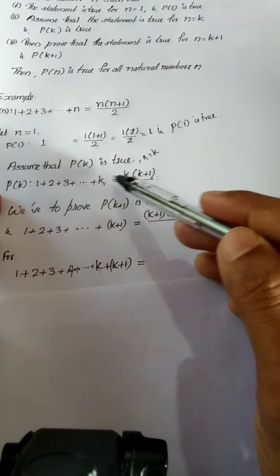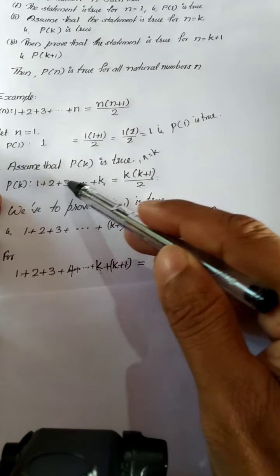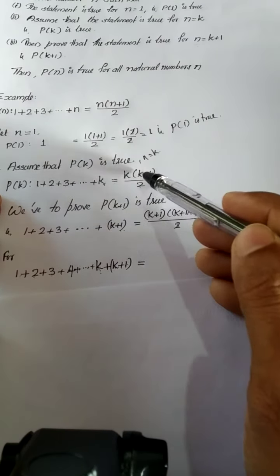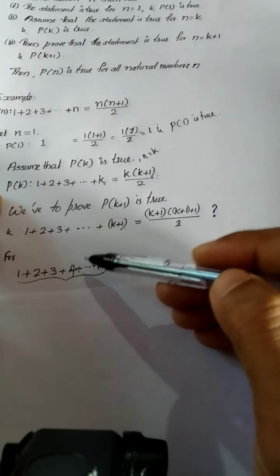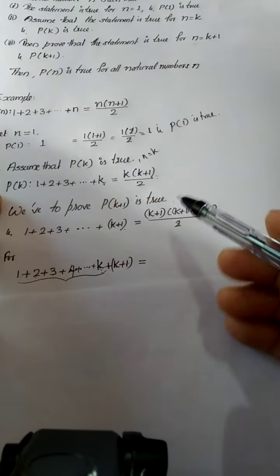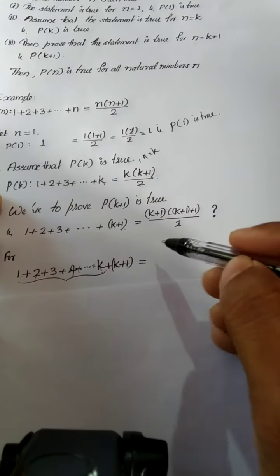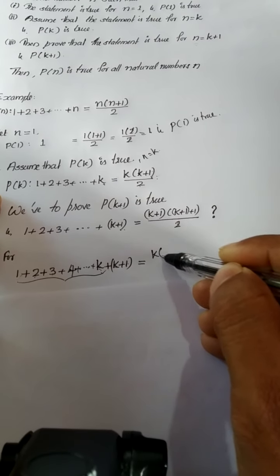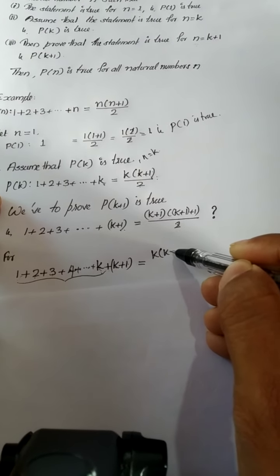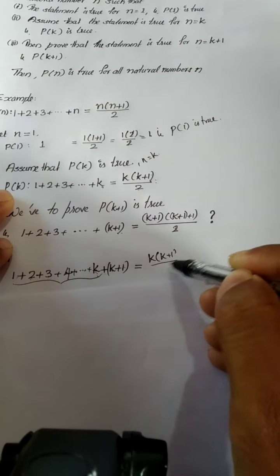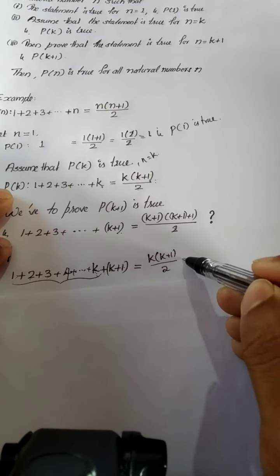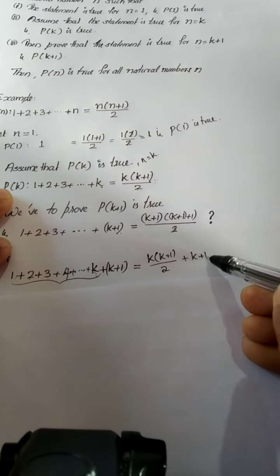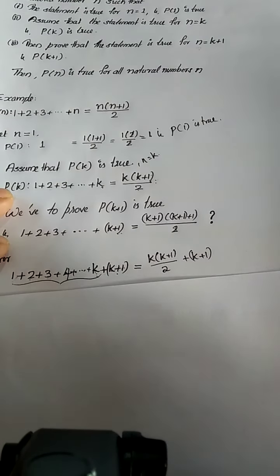So we can write 1 plus 2 plus 3 plus etc. plus k is equal to k into k plus 1 divided by 2, and the remaining term is k plus 1.